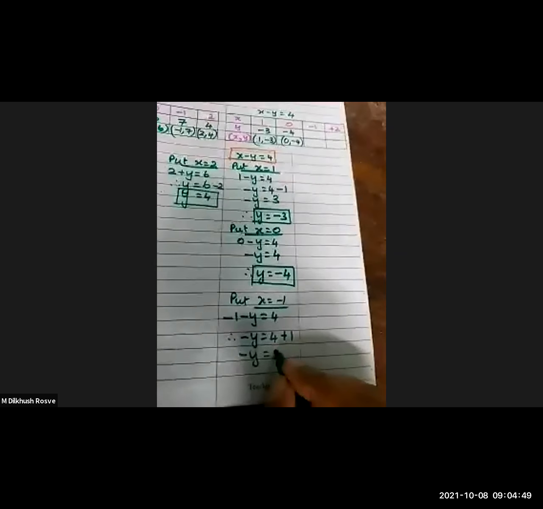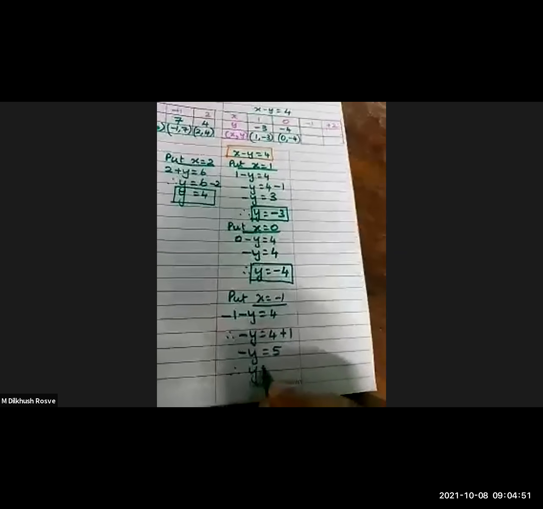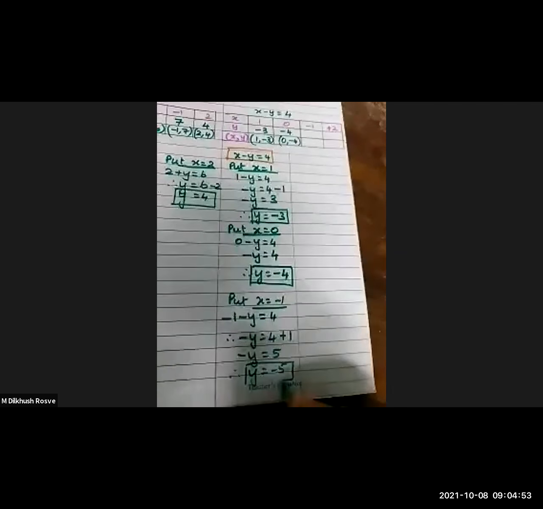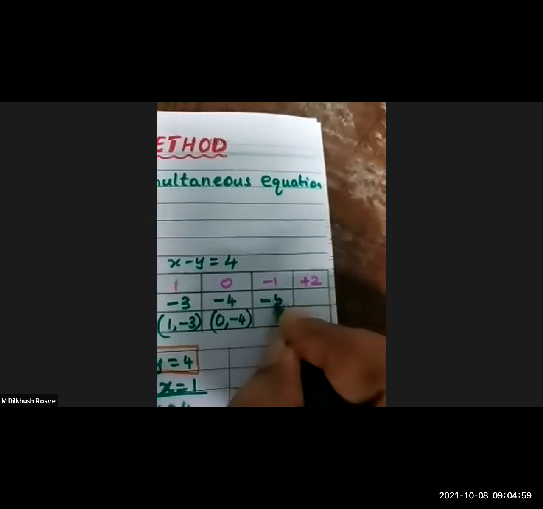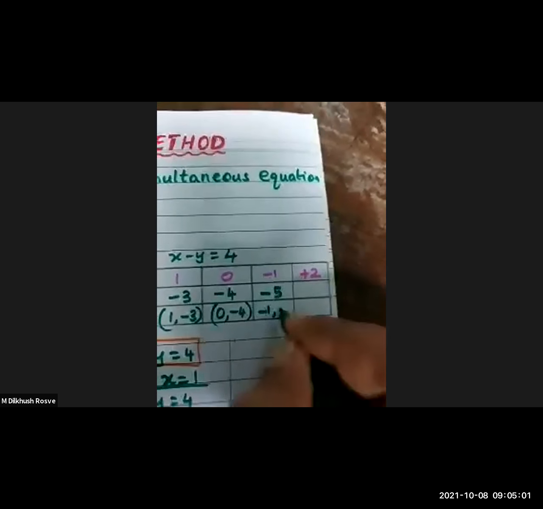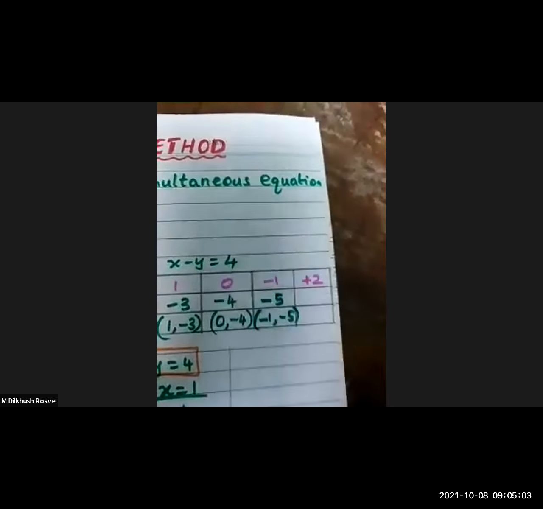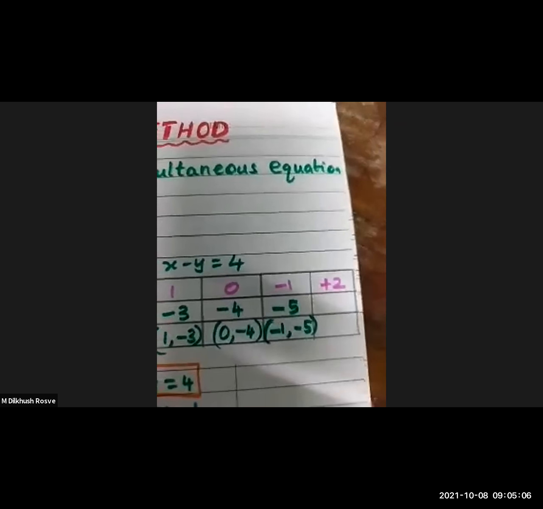So minus y equal to 5. Therefore, y equal to how much we'll get? Minus 5 we'll get. Okay, children? So minus 1 comma minus 5. Is it clear?